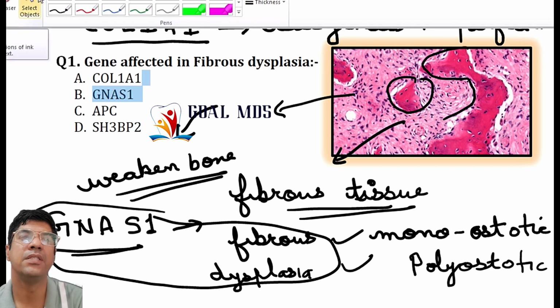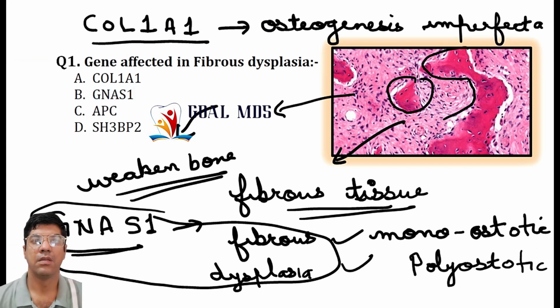So your answer would be GNAS1 gene, which is associated with fibrous dysplasia. The other is APC gene.